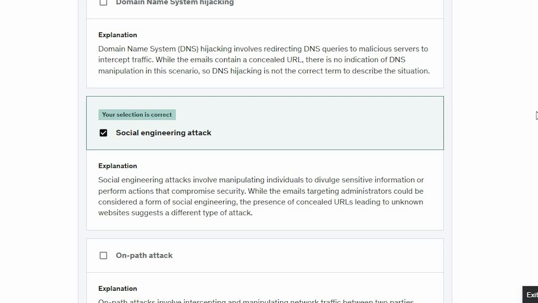Social engineering attack. Social engineering attack involves manipulating individuals to divulge sensitive information or perform actions that compromise security. While the emails targeting the administrator could be considered a form of social engineering, the presence of cancelled URL leading to unknown websites suggests a different type of attack. So social engineering attack is the first correct answer for this scenario.